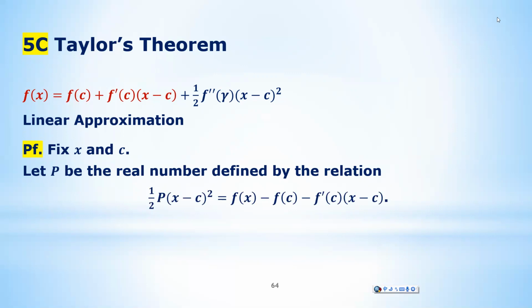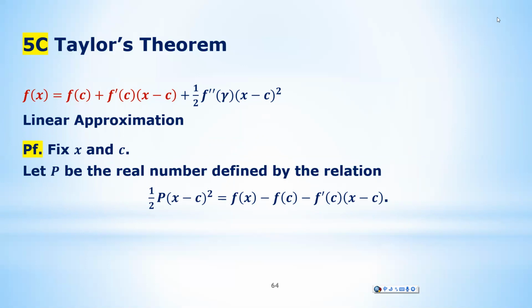The right side is basically f(x) minus f(c) minus f'(c) times (x minus c). Compared to the top formula, this is f(x), the left side, minus the first two terms on the right side. The result of this subtraction should equal, and this is what we want to prove, 1/2 f''(gamma) (x minus c) squared.